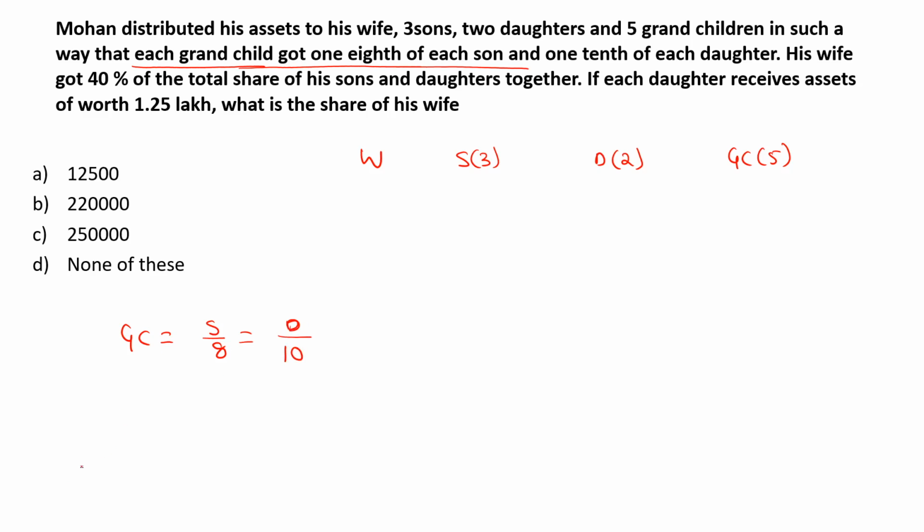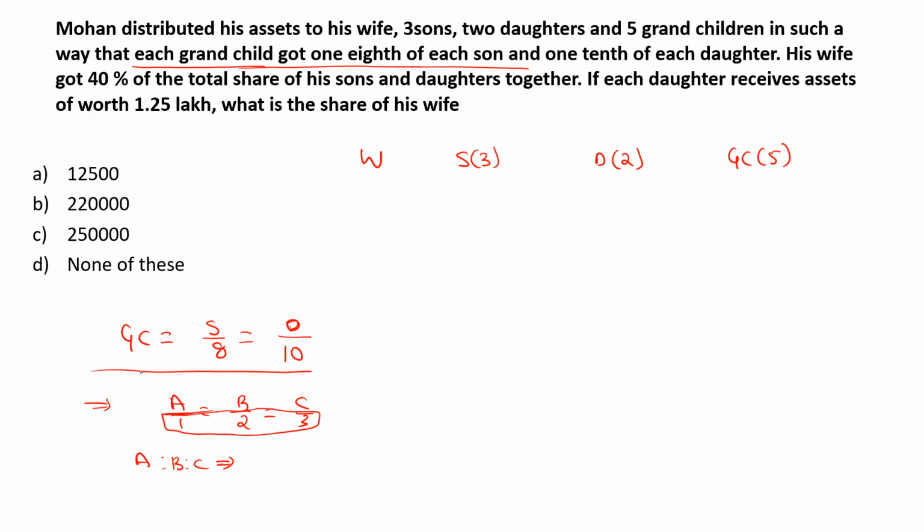In my previous sessions on ratio and proportion, we came to know that if A upon 1 is equal to B upon 2 is equal to C upon 3, then the ratio of A is to B is to C would be the ratio of the denominators of those fractions.